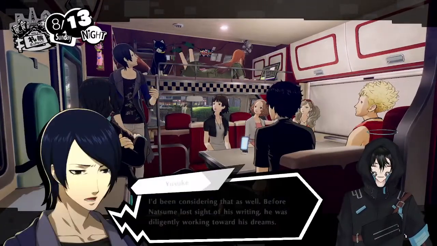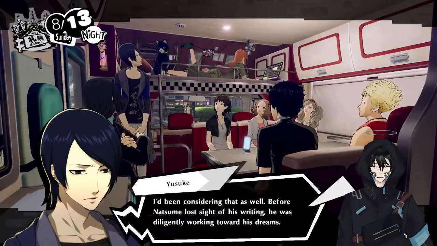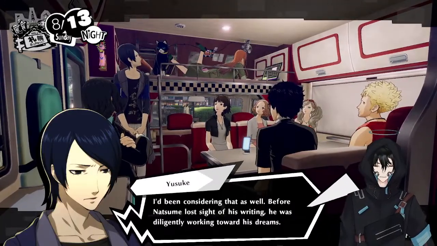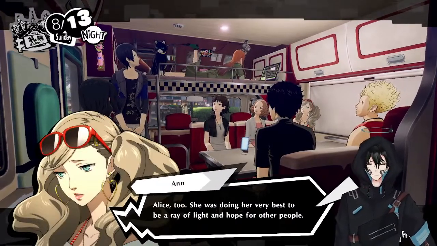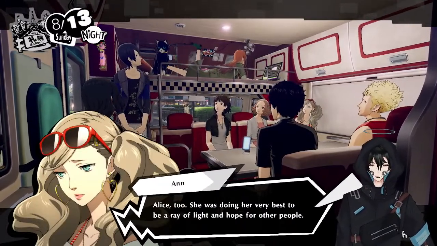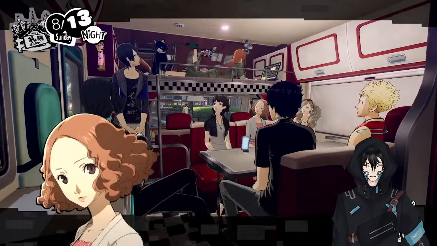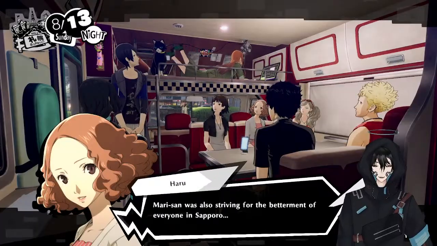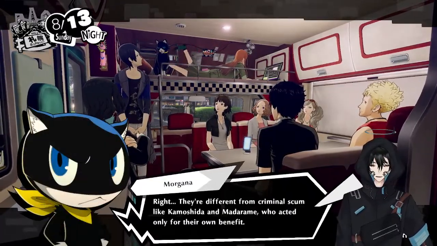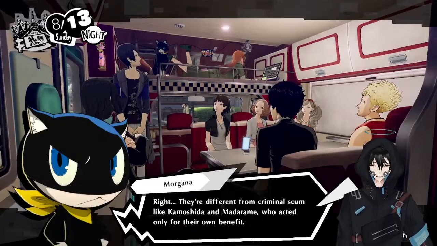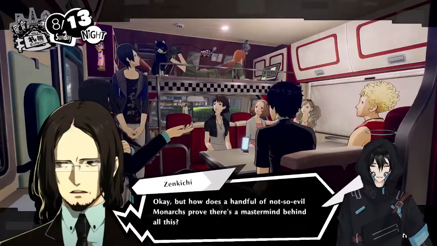Before Natsume was set on his path, he was diligently working towards his greatness. Alice too. She was doing her very best to be a ray of light and help for other people. My son was also striving for the betterment of everyone. Right. We're all different from criminal scum like Kamoshida or Madarame, who acted only for their own benefit.